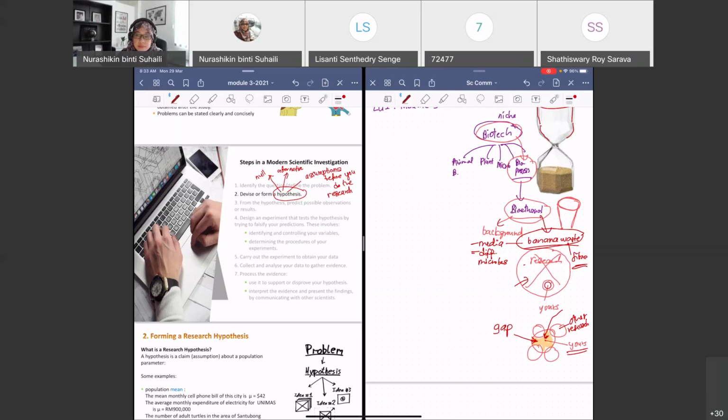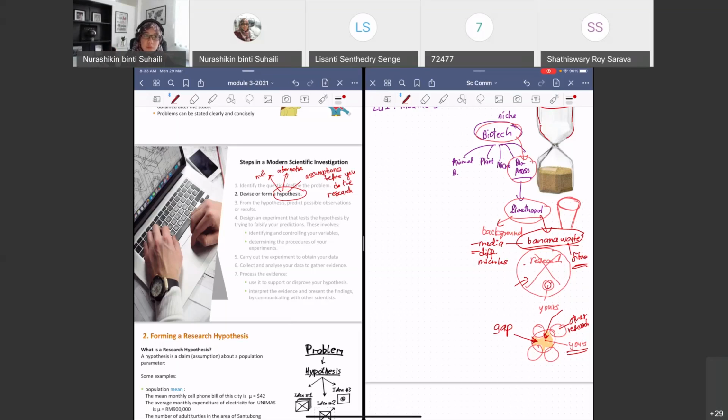Let's say I want to compare my experiment: one is using synthetic media to produce ethanol, and one is using banana waste. Of course the control will work as it is because it has been done before. But for the banana waste, the null hypothesis would be that nothing happens.